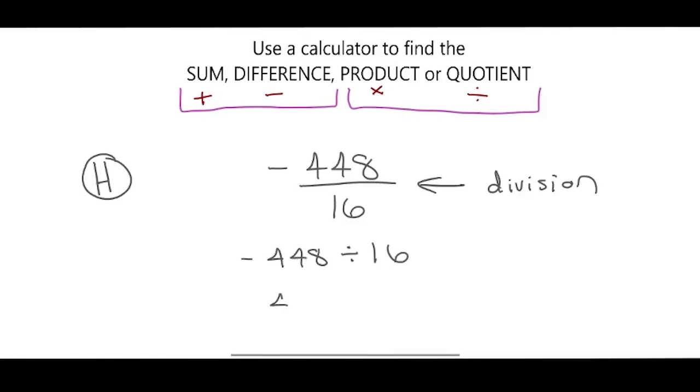So I'll punch 448 into my calculator. I'll hit the positive negative button, and that'll make this negative 448. Then I'll hit divide, punch in 16 and hit equals, and my answer will be negative 28.